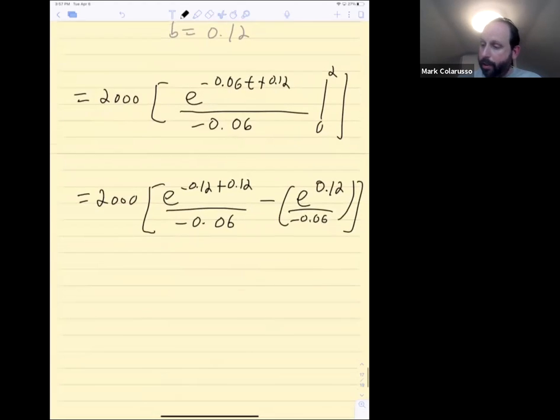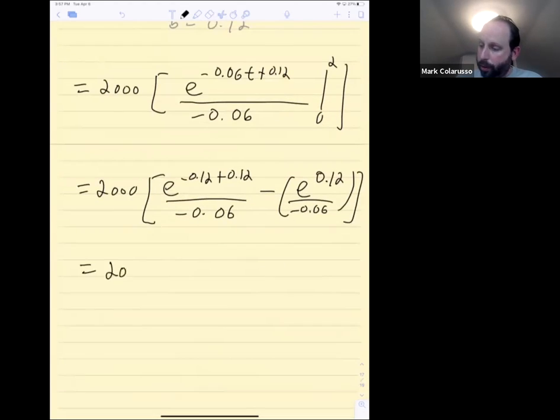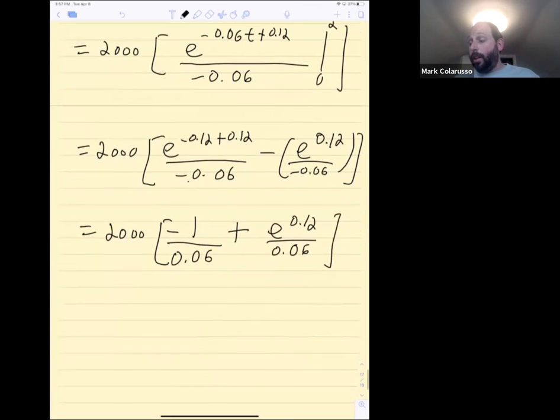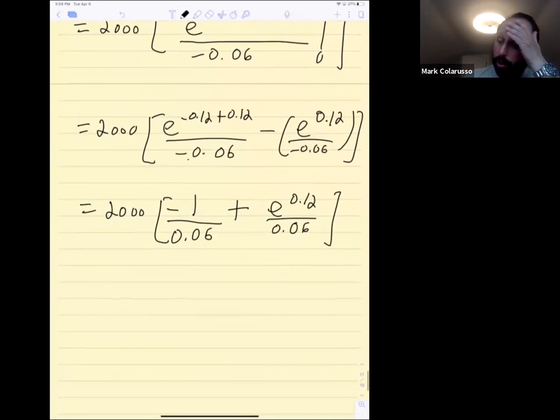It's not that bad. So you get 2,000. So this negative, you can bring it up top. And notice here you have e to the minus 0.12 plus 0.12, that's just e to the 0, which is 1. So you have just minus 1 over 0.06 plus, because a minus and a minus gives you a plus, e to the 0.12 over 0.06. And now you have to plug this into your calculator.